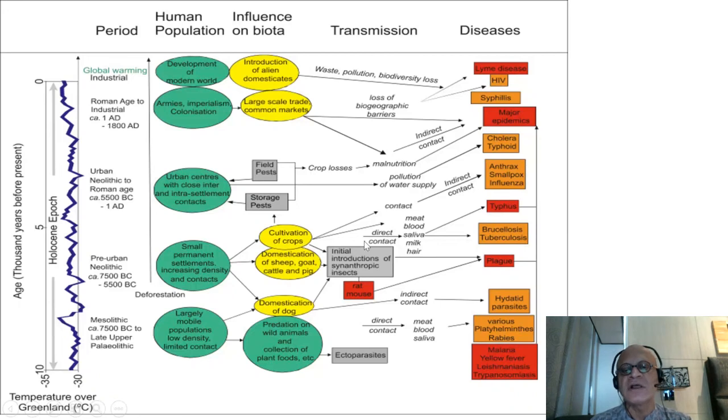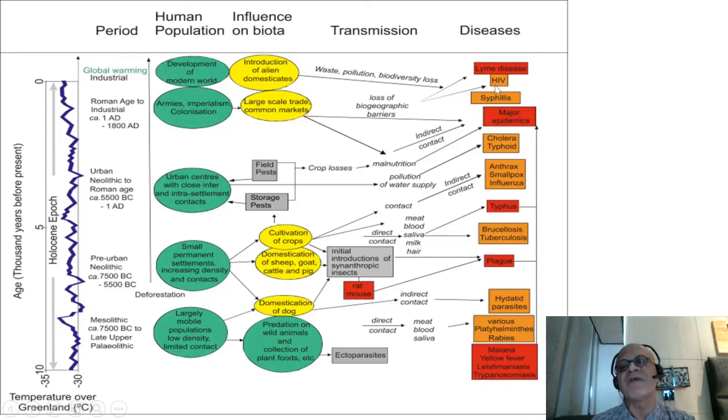So again here, cultivation of crops leading to contacts, changes in meat, blood, saliva, milk, hair. So you had brucellosis, tuberculosis, typhus, which we talked about in terms of louse making humans as host. Indirect contacts leading to anthrax, smallpox, influenza, cholera, typhoid, major epidemics, syphilis.